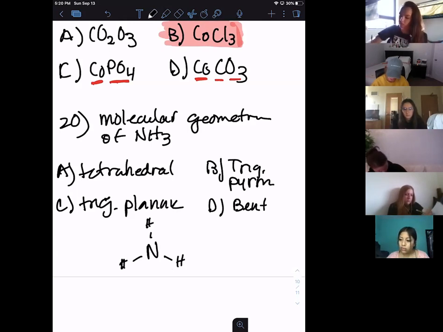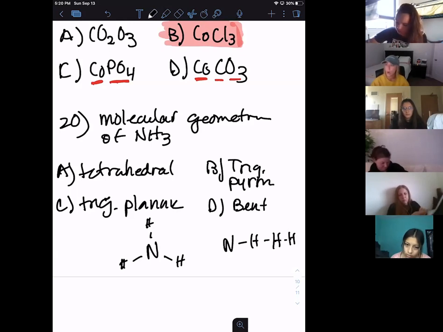So if we're looking in terms of drawing this, would we draw it this way ever? No, because hydrogen only can make 1 bond, okay? So that would never work. Would we draw it this way?